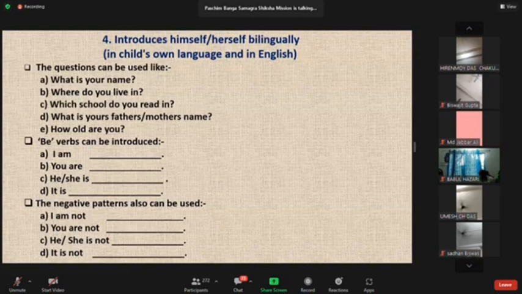We will put only a not there. I am not a boy. You are not a girl. He or she is not your friend. It is not a pen. Whenever they are able to learn this not, they will know how to say no. Because in oral language development or communicative English, these negative patterns are also very necessary for them.